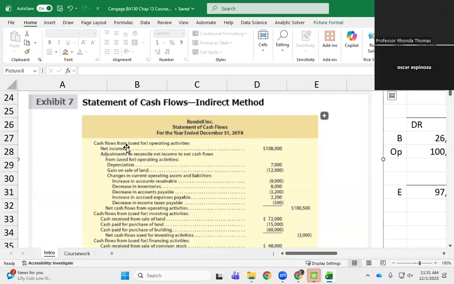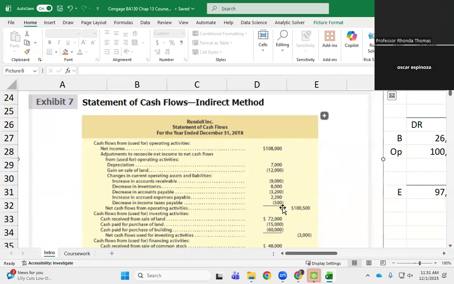Used for means it went down. So that's a positive cash flow or a negative cash flow. There is a certain recipe to put this in here, and we're going to learn this. This is called the indirect method of the operating section of the cash flow statement.